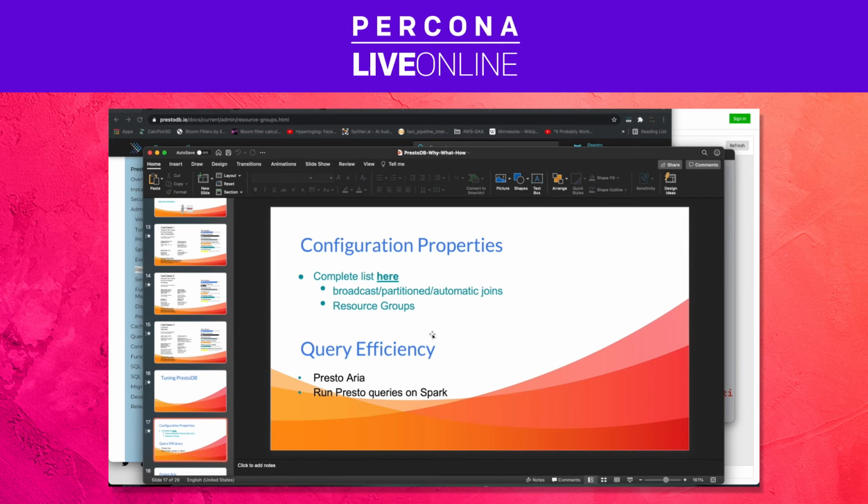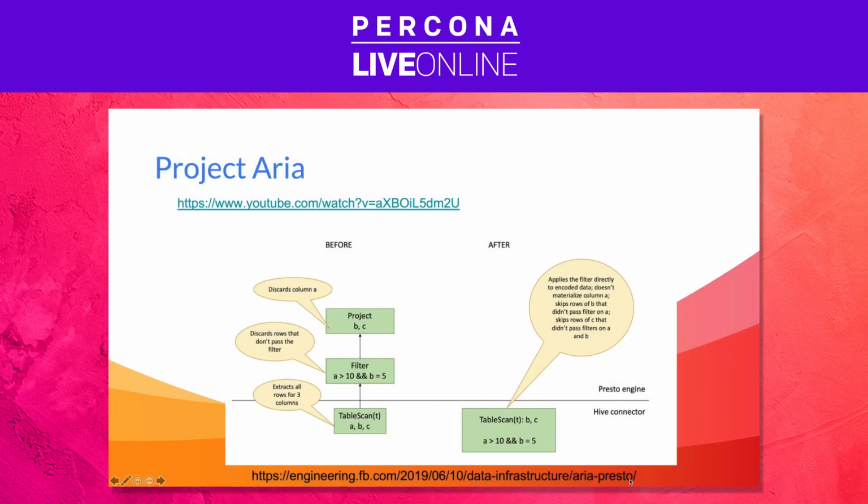Now, one very important aspect, recent innovations in PrestoDB is Presto ARIA, which is allowing you push down predicate logic into the data source. Currently, Hive connector is what is being supported for Project ARIA on ORC format, optimized raw columnar format. And to explain you what it is, let us look at the next slide.